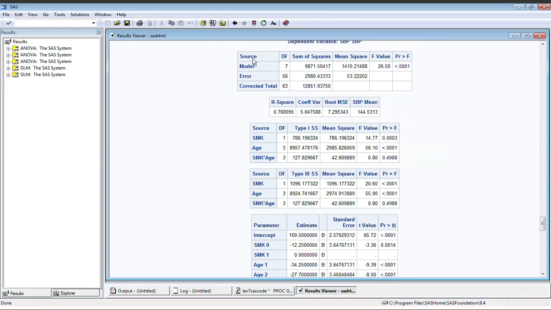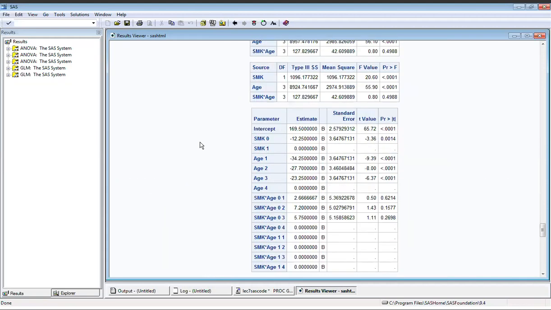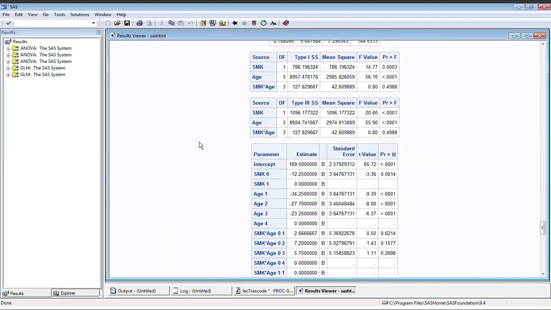So this is a model combining the smoking effect, age effect, and also the interaction between smoking and age with a total of 7 degrees of freedom. So this p-value is actually testing the whole model instead of each separate effect. And we have 3 separate effects in this model. We have smoking effect, we have age effect, and we have the interaction.